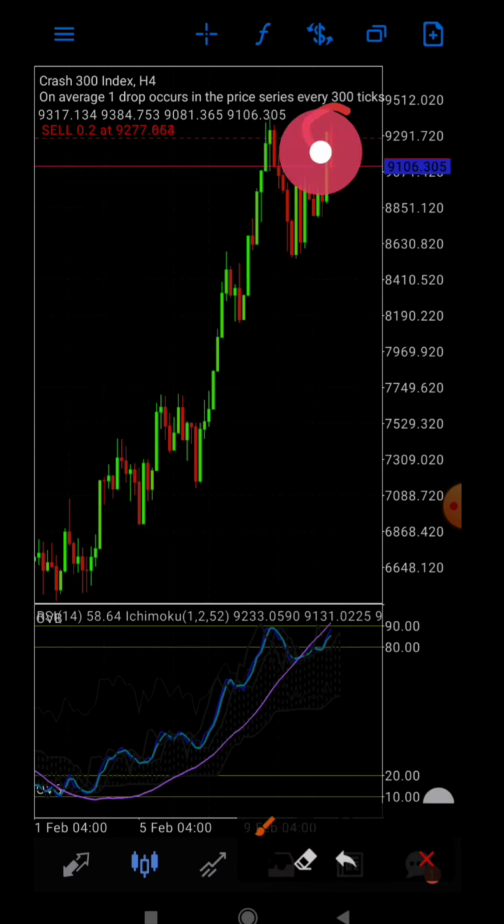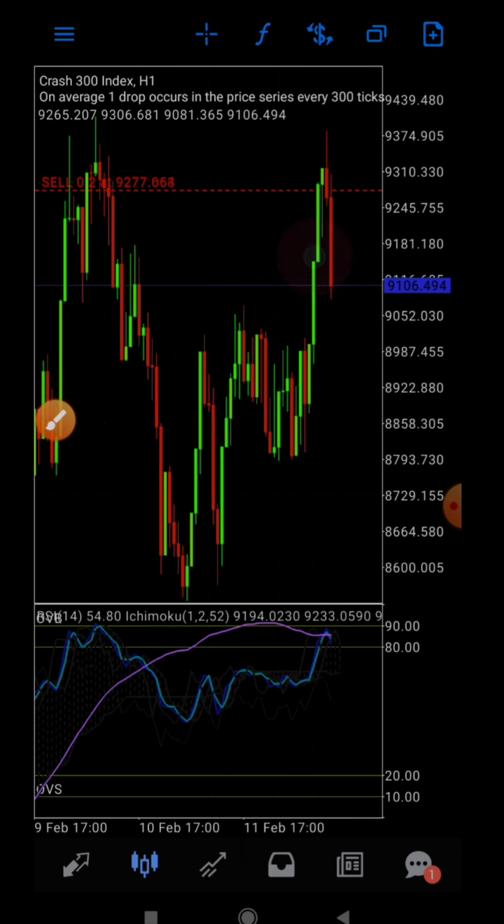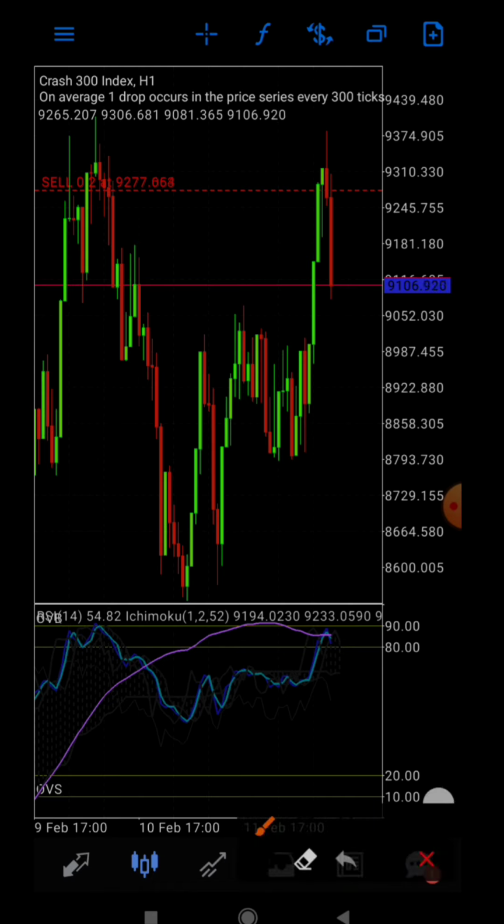If you look at this red candle here, you notice the rejection. Immediately I saw that rejection, I dropped down to my 1 hour, and my 1 hour made it very clear that I'm seeing a rejection already from the sellers, which means the sellers are actually pushing down.